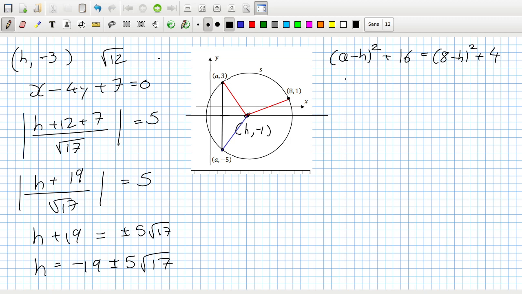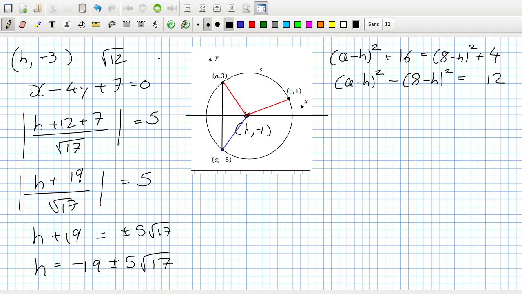So I have a minus h squared minus 8 minus h squared equals minus 12. That's one equation. And then now I need to form another one.